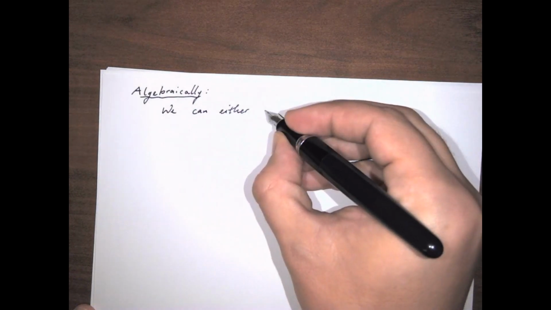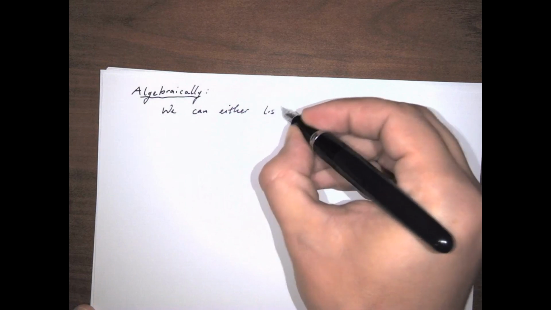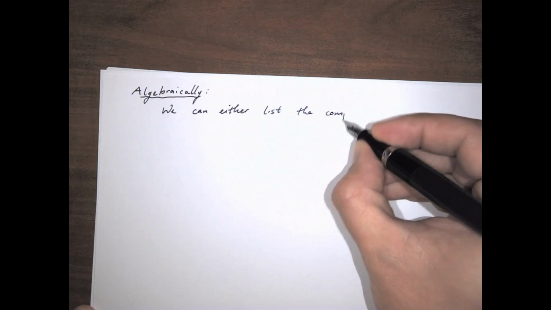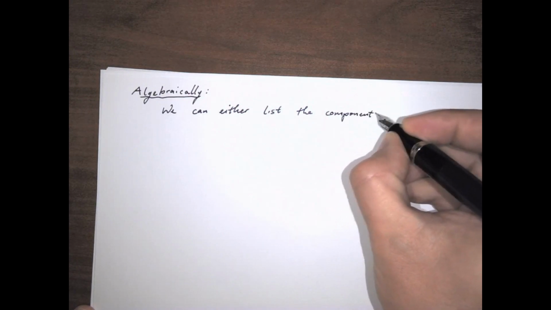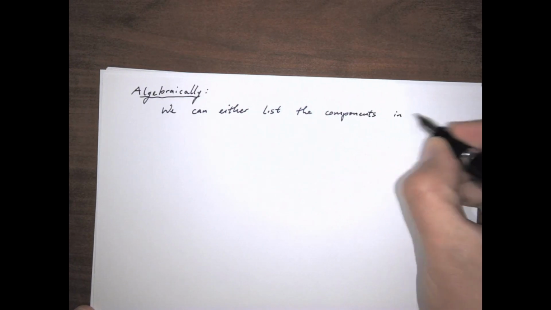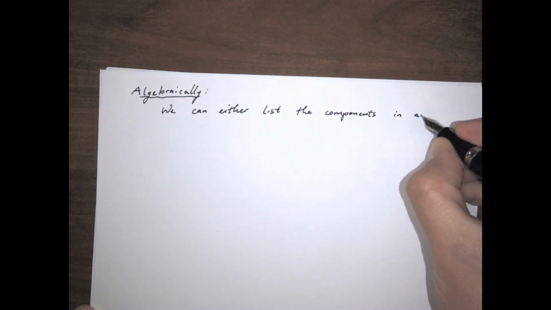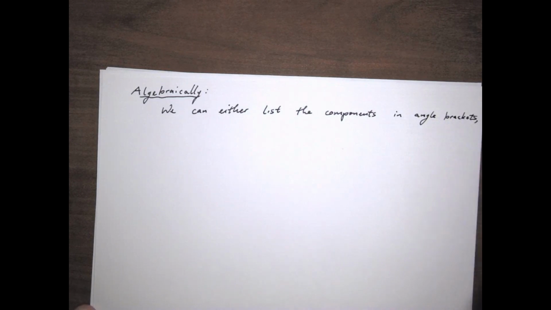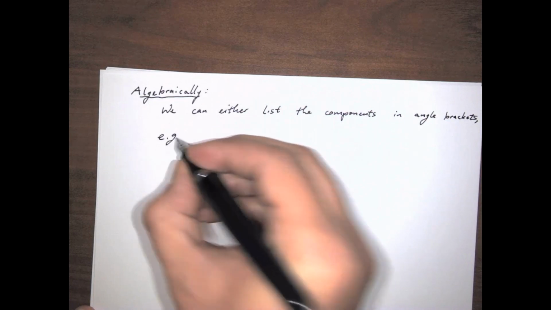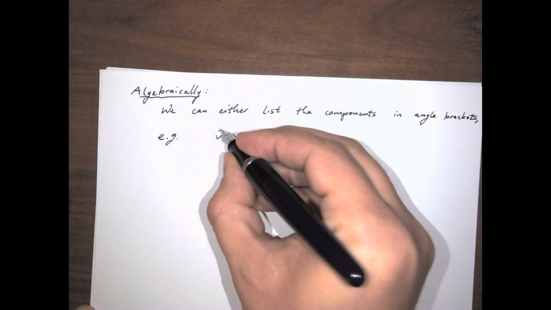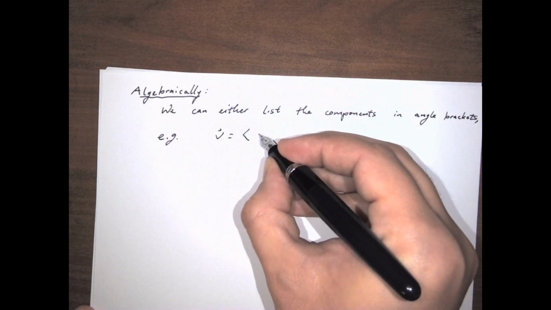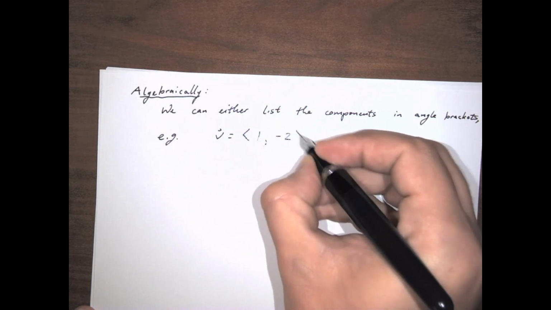We can either list the components in angle brackets, for example. We might say V is equal to, and then you give here an angle bracket and then a number like 1, comma, -2, for example.